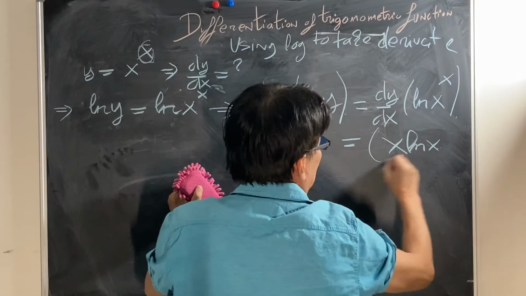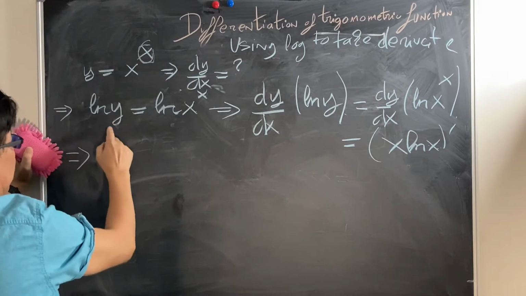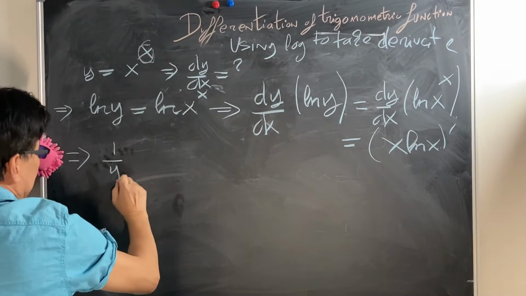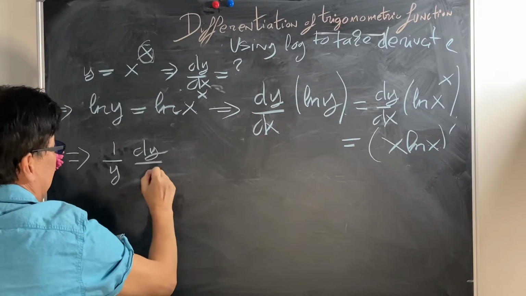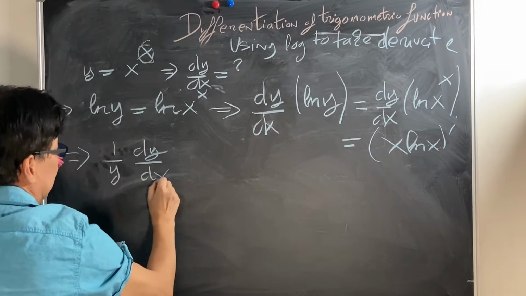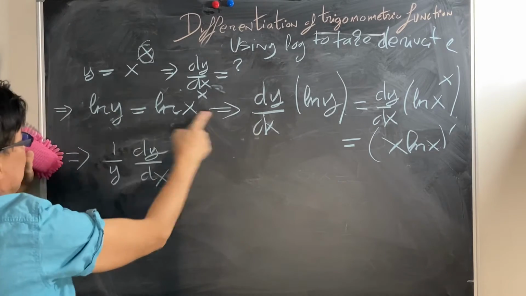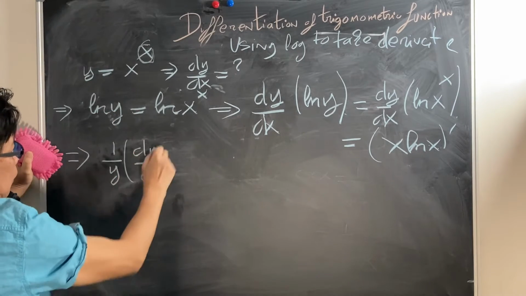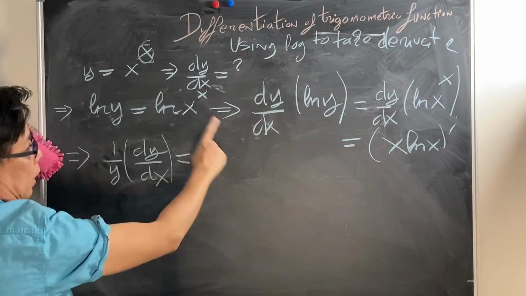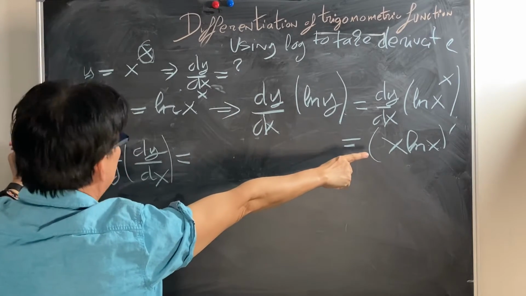On the left side, derivative of ln y equals 1 over y times dy over dx. Remember this is y, not x. We take the derivative with respect to x, so y is a function, and you have to multiply by its derivative. On the right hand side, because it's x, we can take the derivative directly.